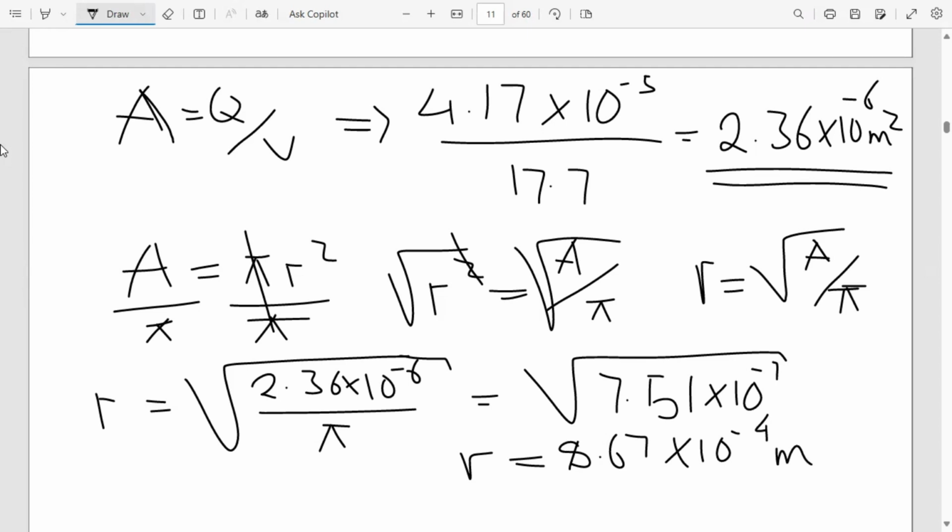To calculate the diameter, we're just going to multiply this by 2, since it's the radius.